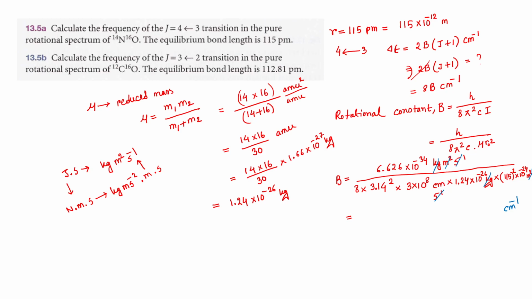6.626 into 10 to the power minus 34 divided by 8 divided by 3.14 square, divided by 3 divided by 10 to the power 8, divided by 1.24, divided by this 10 to the power minus 26, divided by 115 square divided by 10 to the power minus 24.